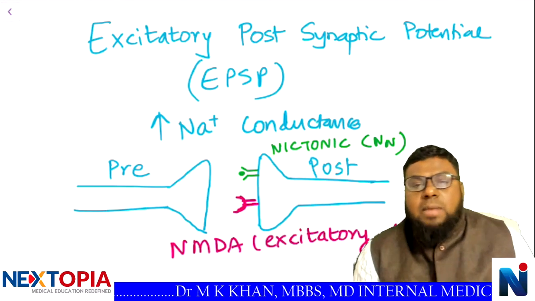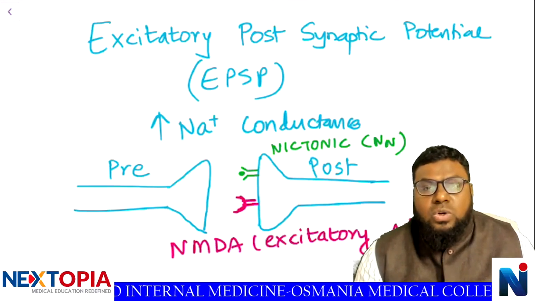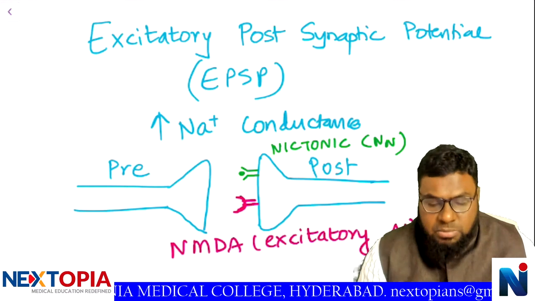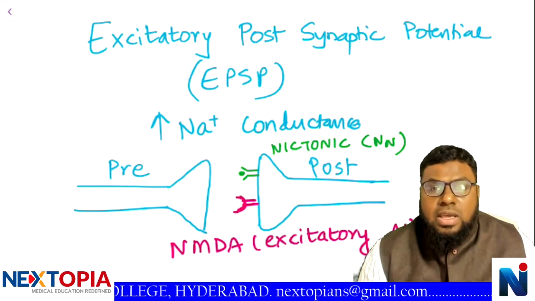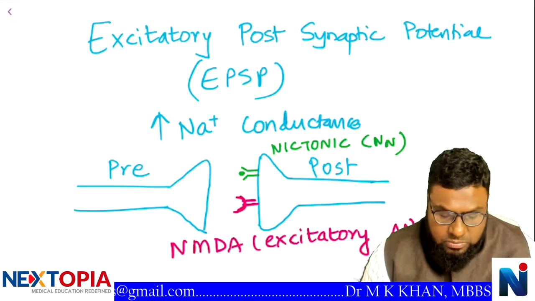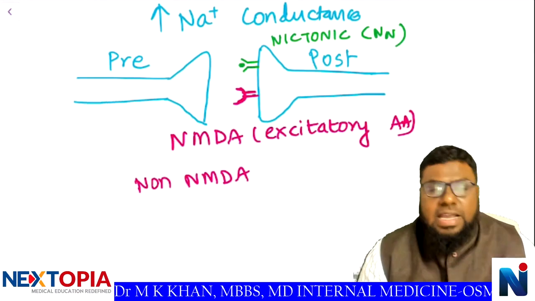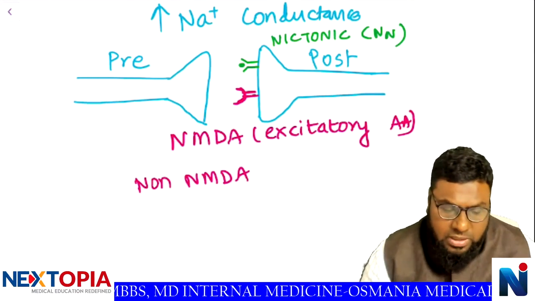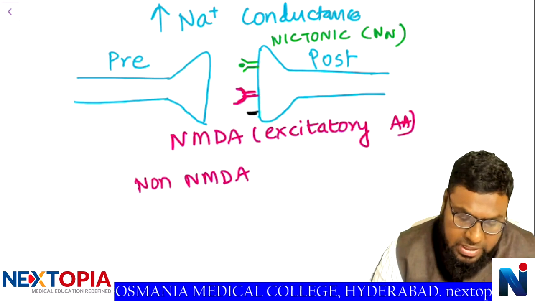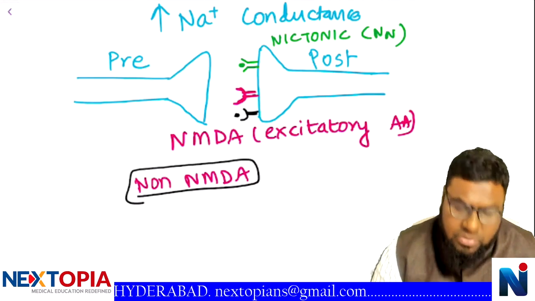These excitatory amino acids will act on this non-selective channel to produce a response, an action potential of the postsynaptic neuron. We have got certain non-NMDA type of receptors also. So we have got three types of receptors in the postsynaptic potential: nicotinic receptors, NMDA and non-NMDA type of receptors.